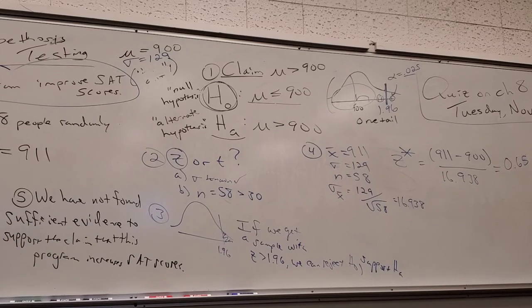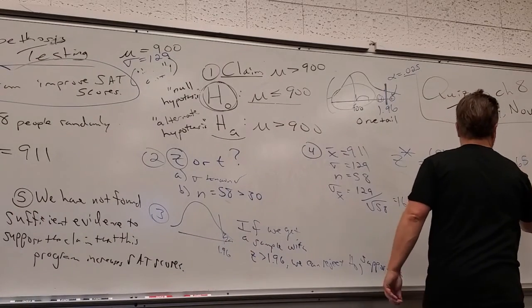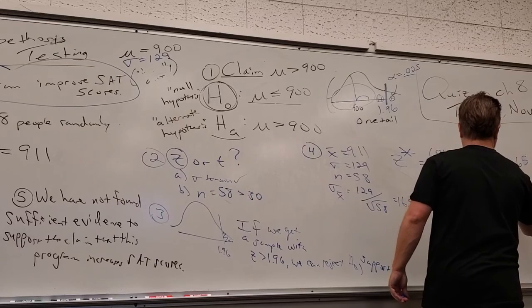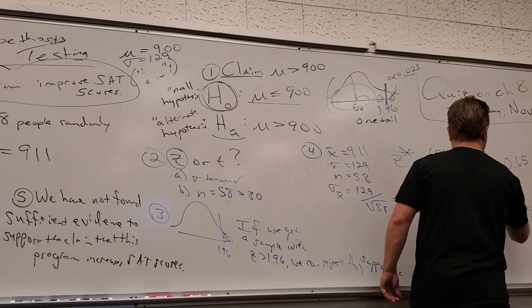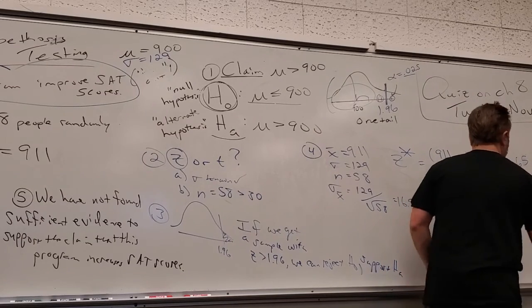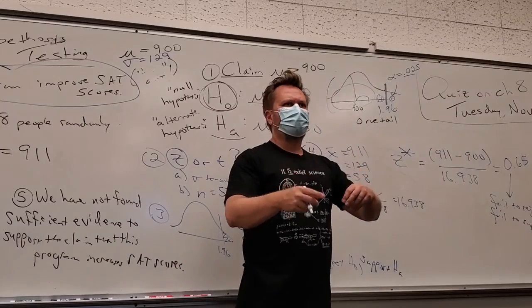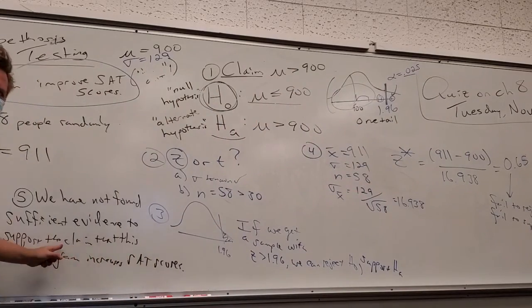For number 4, are we going to write anything else, or just leave it like that? Right here you should put fail to reject the null, fail to support the Ha. When we do some more examples, people always have trouble remembering how to write this.